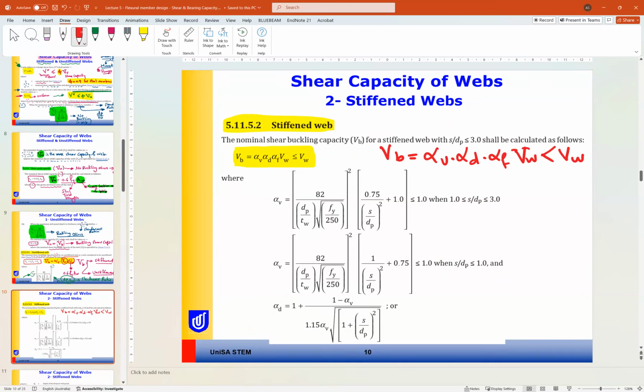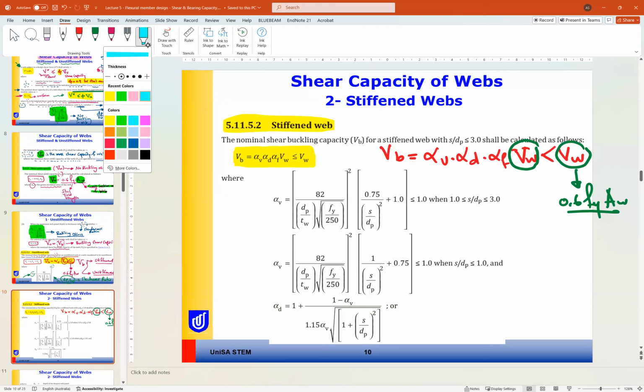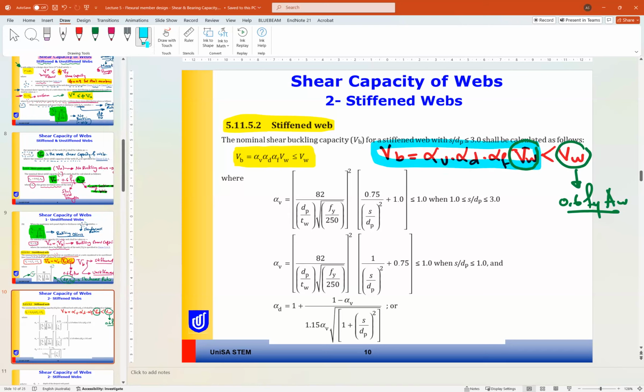Again, it is a percentage of VW and cannot exceed VW. VW is 0.6 F yield AW. So for unstiffened web, alpha V times VW directly. For stiffened web, we have alpha V, alpha D, alpha F.